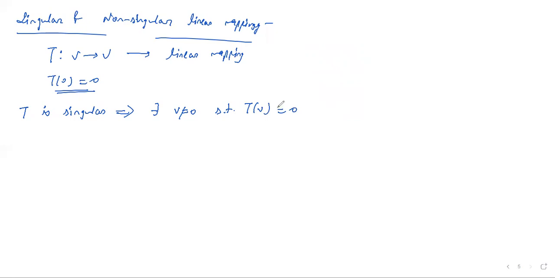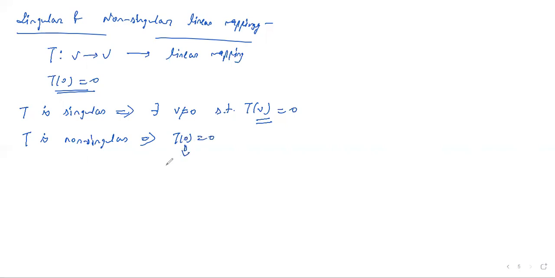And my mapping T is non-singular if the zero vector is the only vector whose image under T is 0, that is, T(0) equals 0.